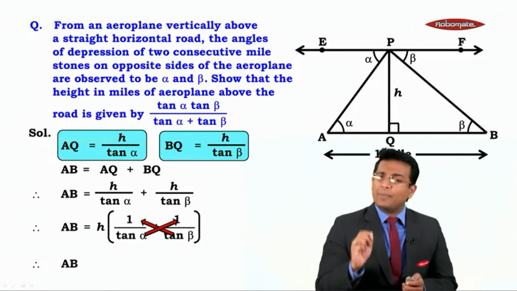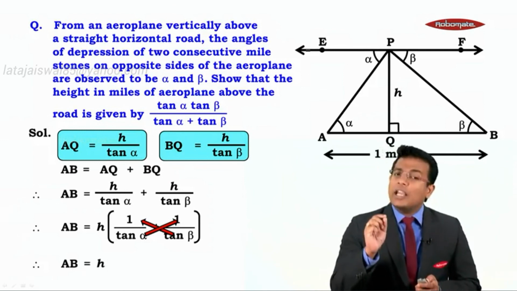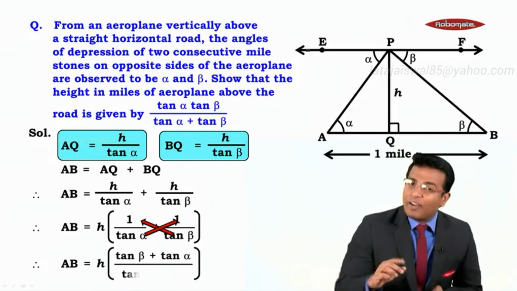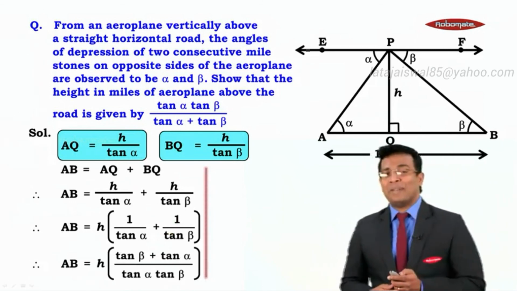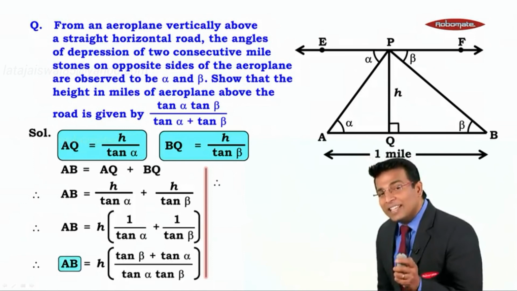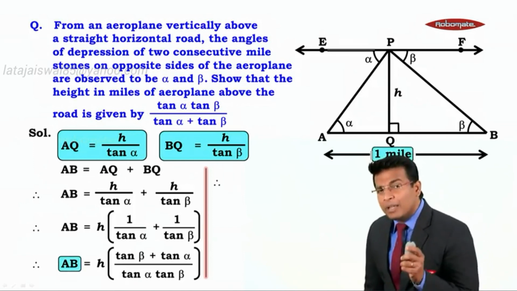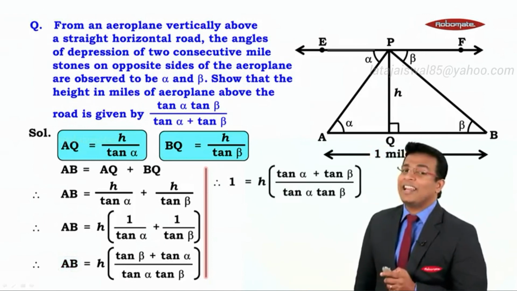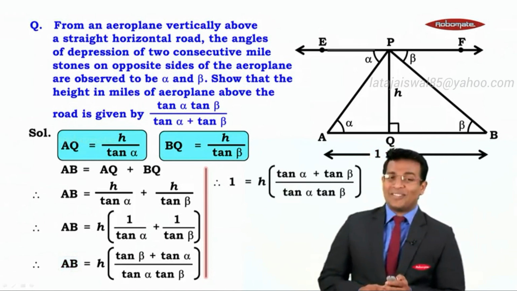When we take the LCM here, we get AB is equal to H into the bracket, tan beta plus tan alpha upon tan alpha into tan beta. Now we know the value of AB, we'll substitute it now, that is 1 is equal to H, into the same bracket which we have now.